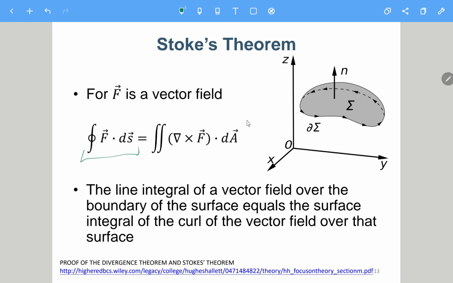On the right side, it actually looks like a double integral, actually a surface integral, but it is not for a closed surface. It is only for an open surface. And inside, it is actually the curl of f. So this is still a vector field.